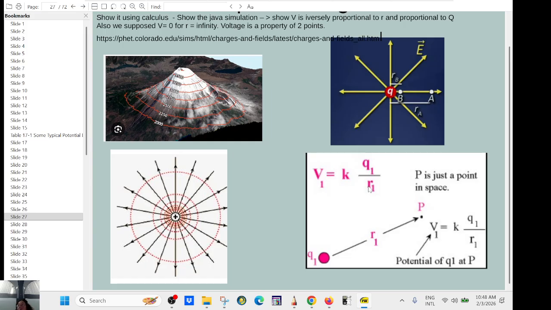There is one conceptual question. If you take the integral of 1 over r squared, you're going to get 1 over r. Is that clear?